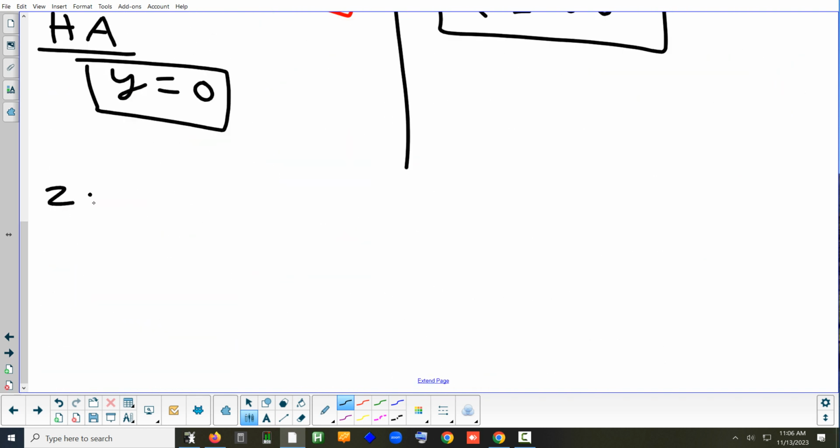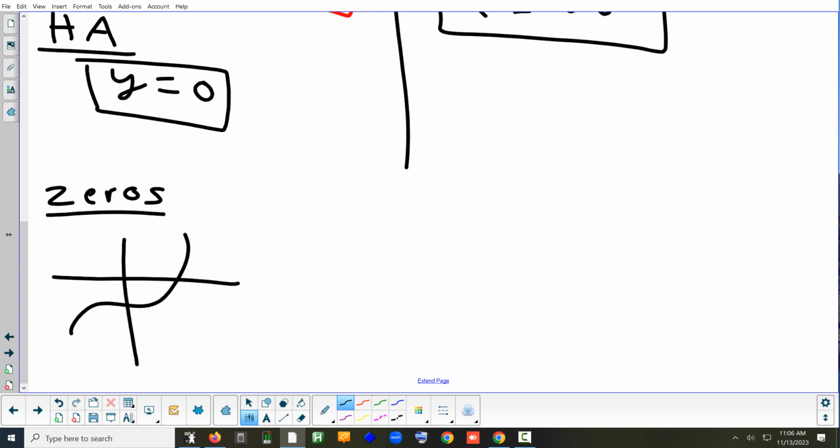Okay? So think about where a graph crosses the x-axis. We don't know the x value of that. I'm not sure what it is. We do know the y value. What's the y value anytime you're looking for a root? It's 0.